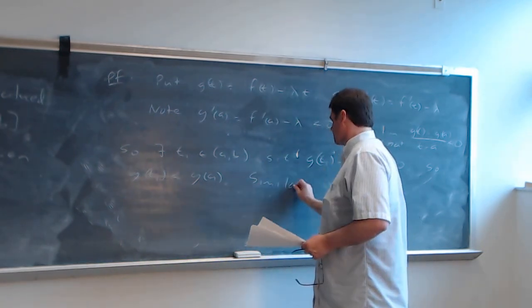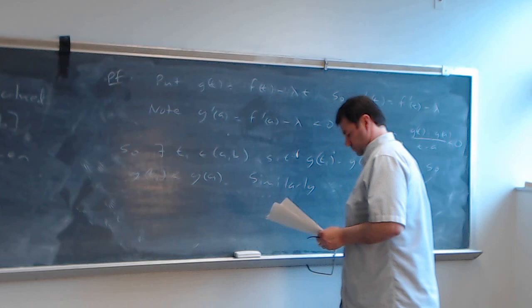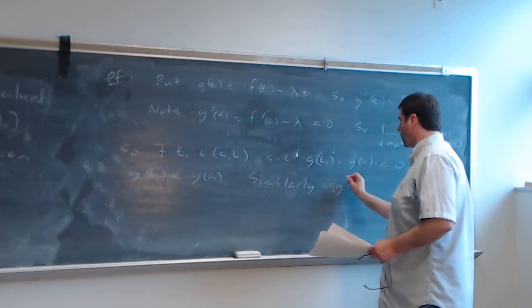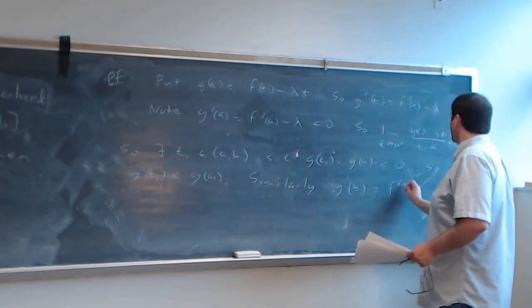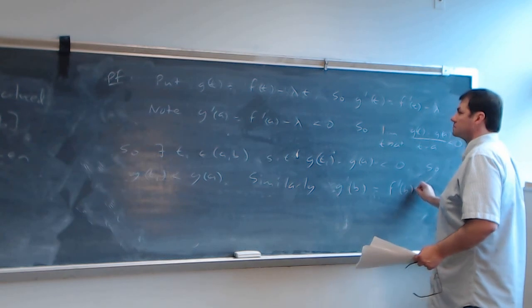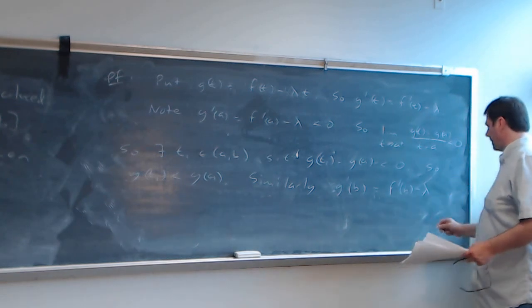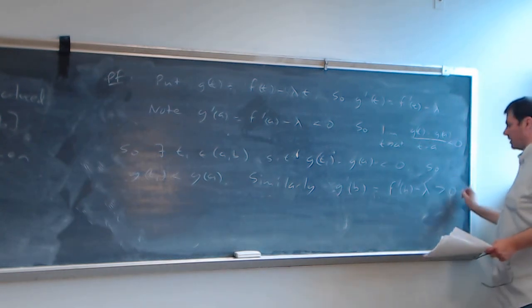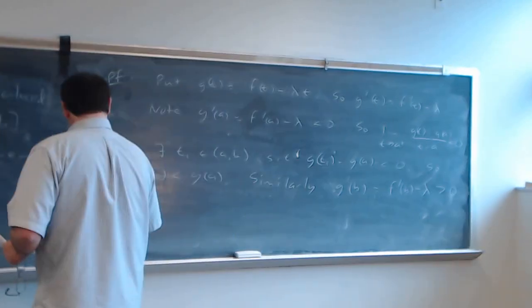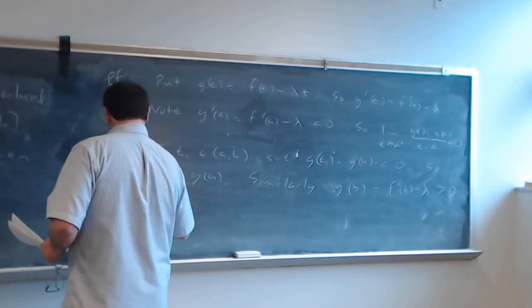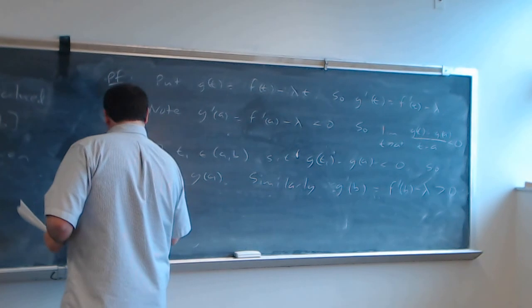Similarly, g prime of B is equal to f prime of B minus lambda, and that's going to be greater than 0. So let's write it down this way.